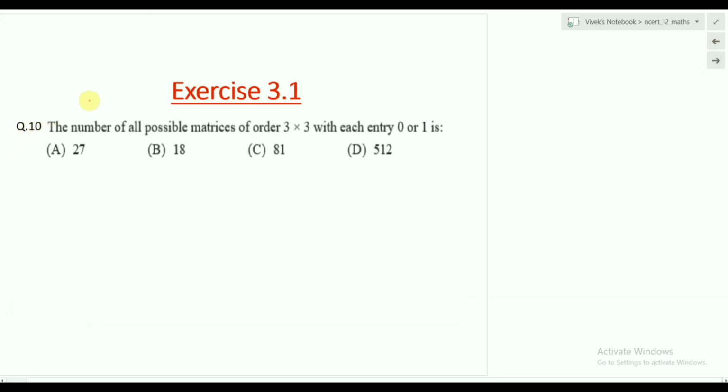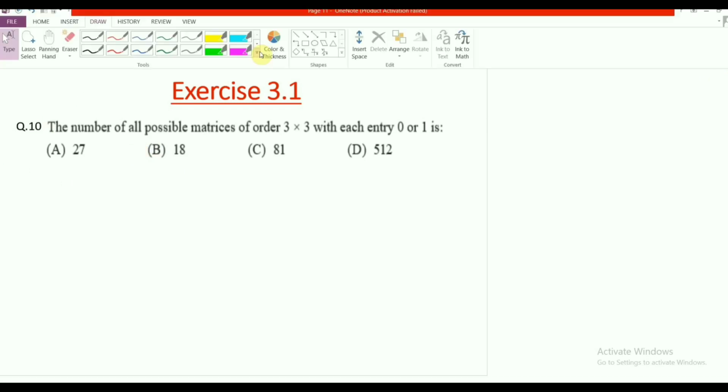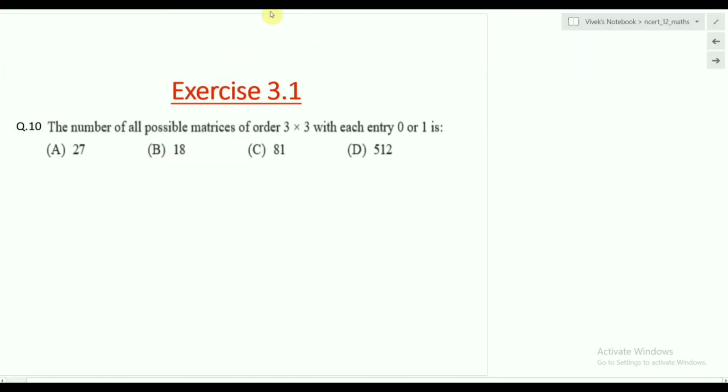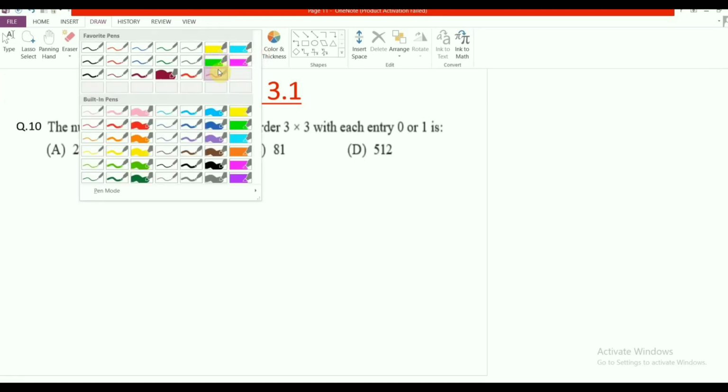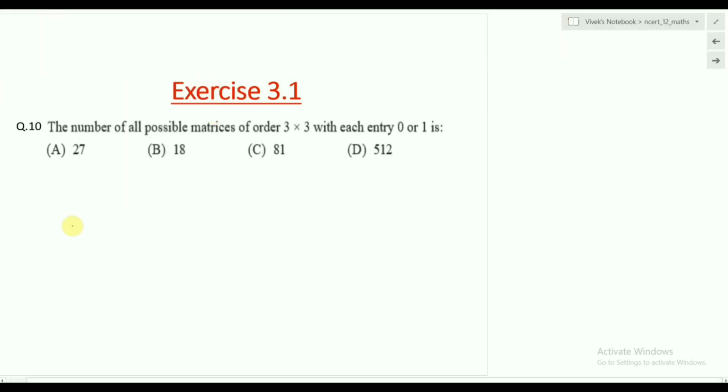The number of all possible matrices of order 3 cross 3 with each entry 0 and 1. So entries should be 0 and 1, and we need to find number of all possible matrices of order 3 cross 3 with each entry 0 or 1.